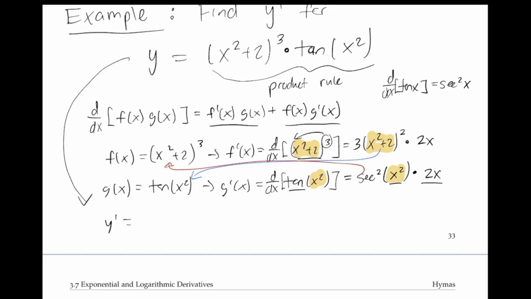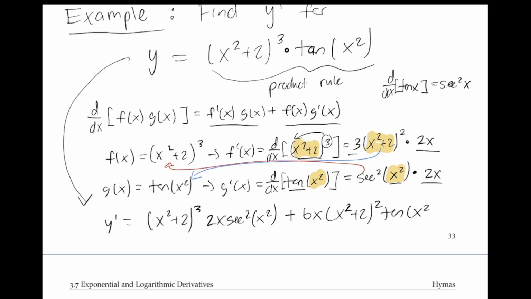I'm going to put the polynomials first. (x squared plus 2) cubed times 2x secant squared of x squared plus 2x times 3. We might as well combine like terms here. That's 6x (x squared plus 2) squared. And I'm multiplying that by tan x squared.